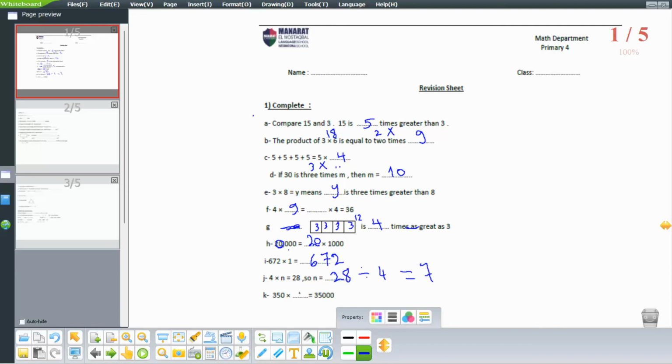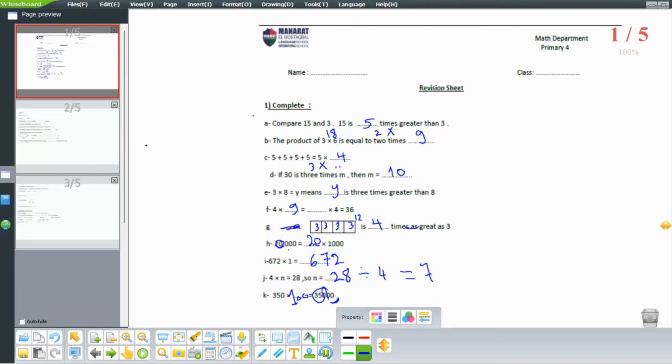Okay, 350 times which number equals 35,000? Here we have 350, so the remainder is 2 zeros, and we will put 1. So 350 times 100.